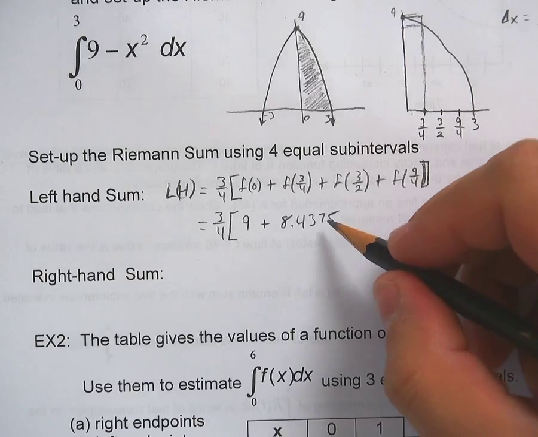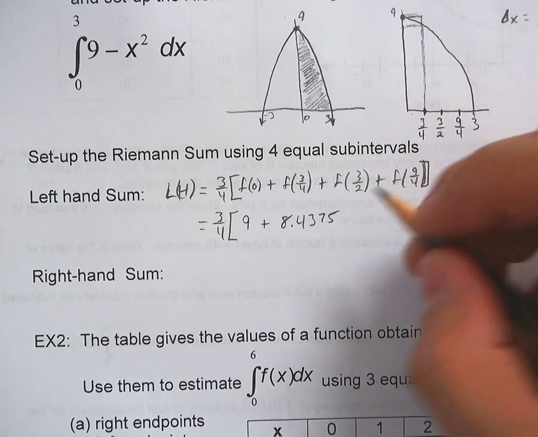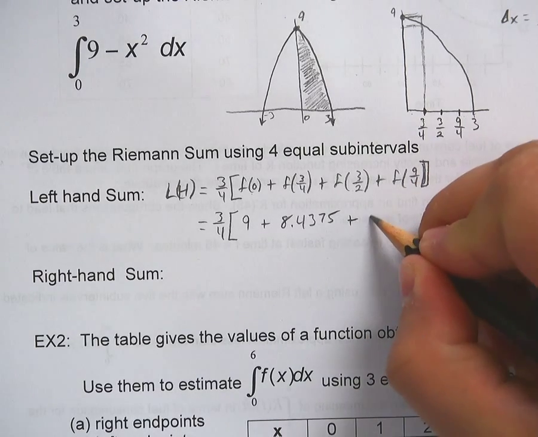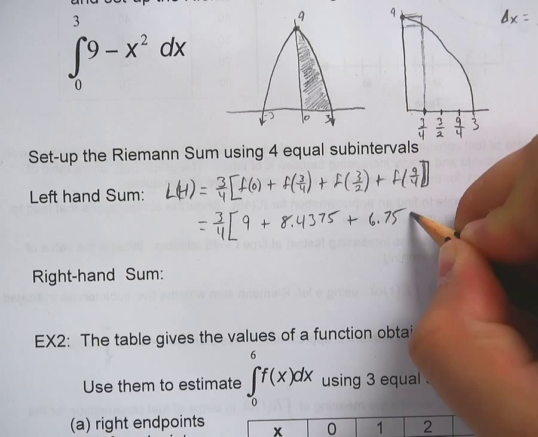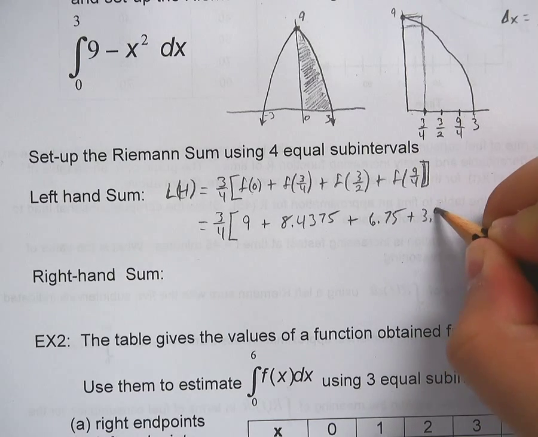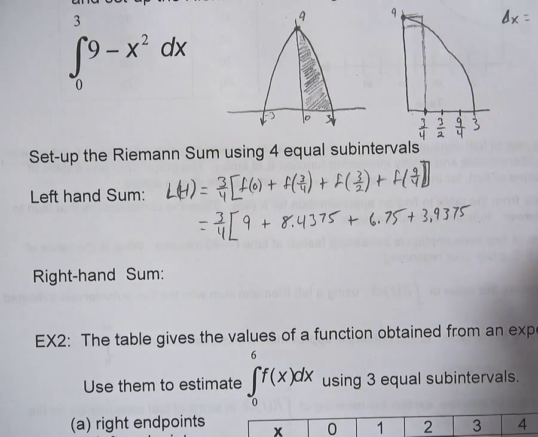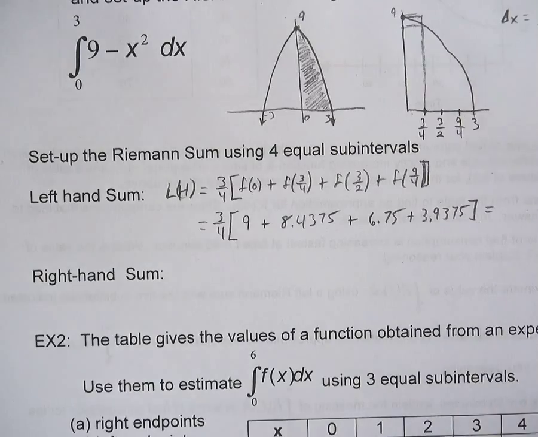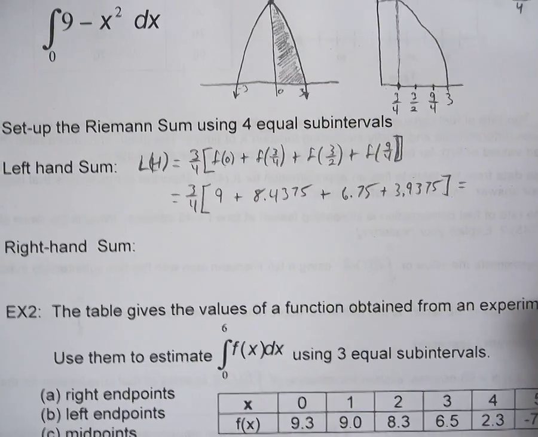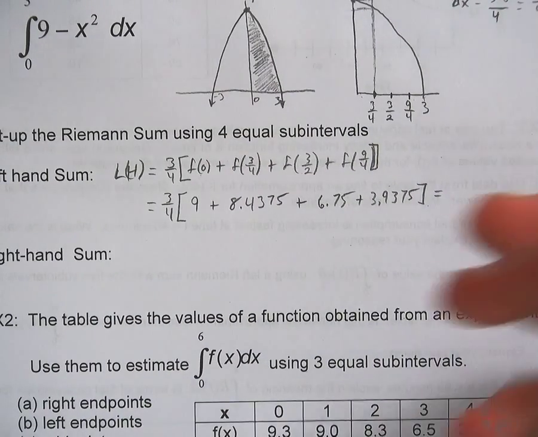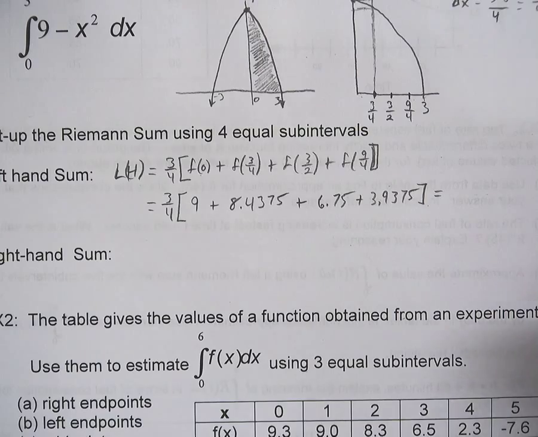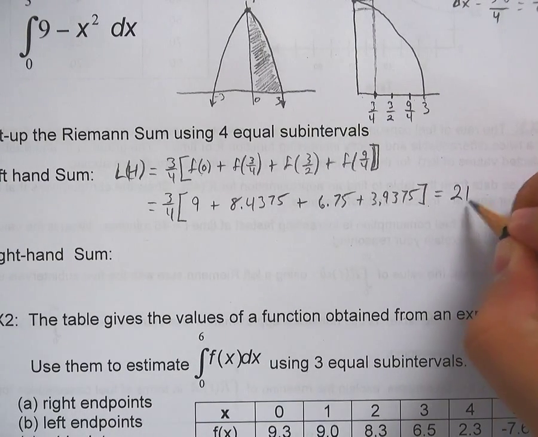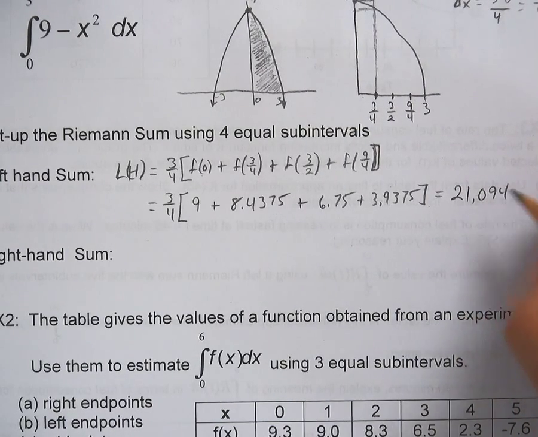I want to be accurate to 3 decimal places, so I'm going to go out to 4, plus 6.75 plus 3.9375. Again, if I want to be accurate to 3 decimal places, which is the minimum requirement, then I want to go out to 4 in my calculations, which is 21.094.